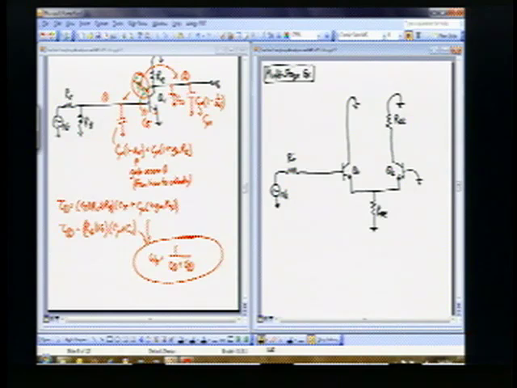Okay, so here's a circuit we had played with before. And again, as before, Q1 and Q2 are identical. And so what we want to do is find our high-frequency cutoff omega H.